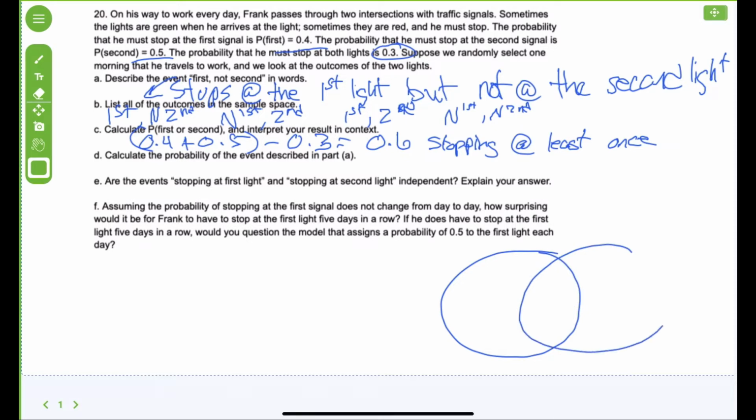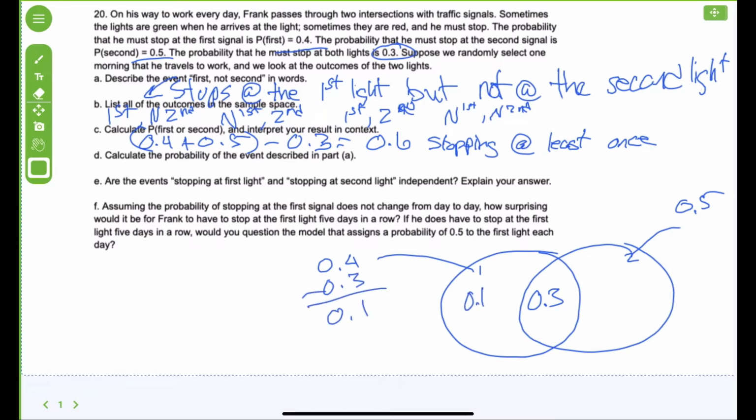So here, this is the first, this is the second, and we would say the odds of stopping at the first was 0.4. Stopping at the second is 0.5, but we also have to subtract the 0.3, which is going to go here. So that would be 0.1. And if we subtract the 0.3 here, it's going to be 0.2.